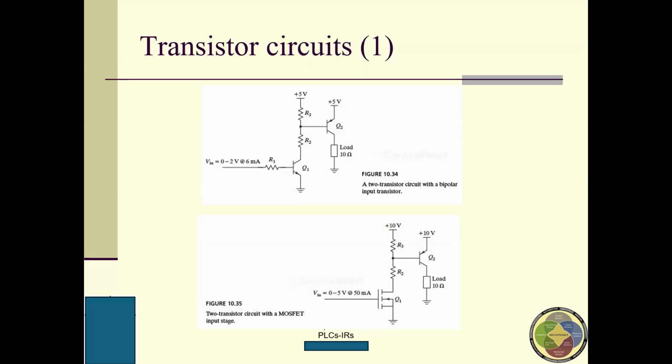If the voltage drop is high enough that the difference between this point and the 5 volts is higher than the threshold value, then this one is turned on, so I have current, and this load will be driven. The same thing here. Now, here is the N channel, the NPN, and this is a PNP, the same thing.